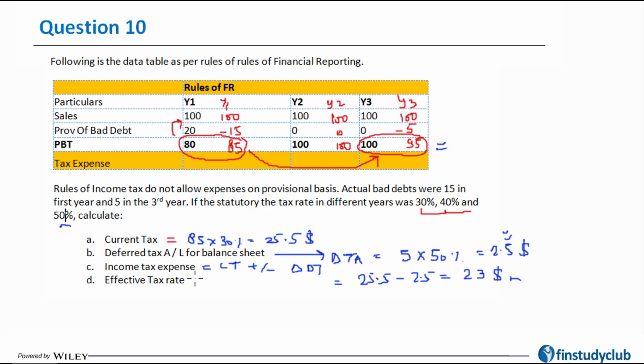And then the final question of effective tax rate, which is equal to income tax expense divided by the profit before tax, both the figures of financial reporting. You get $23 divided by the accountant's PBT of 80, which gives me a value of 28.75%.